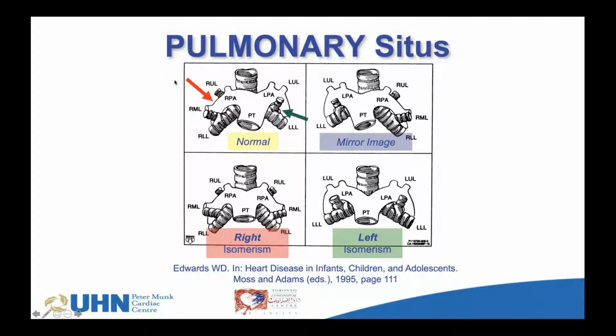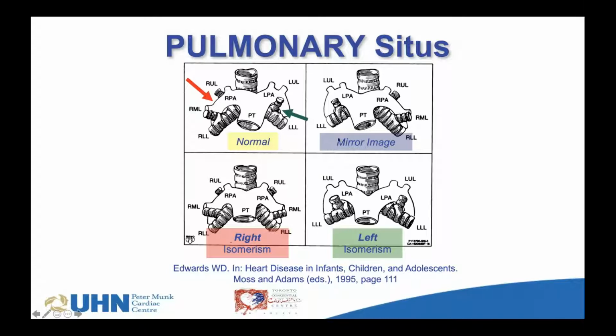You need to look at the course of the right and left pulmonary artery. What's the relationship between the pulmonary artery and the upper lobe bronchus? So in the setting of situs solitus, the right pulmonary artery travels anteriorly to the right upper lobe bronchus.